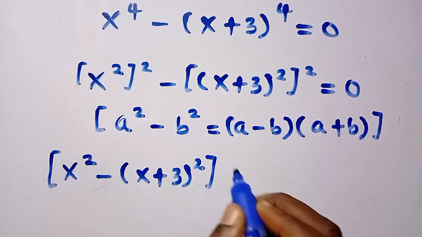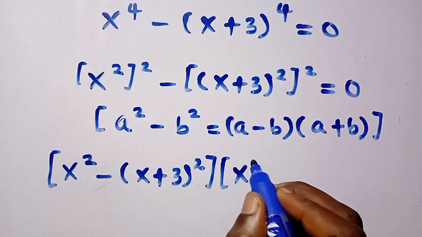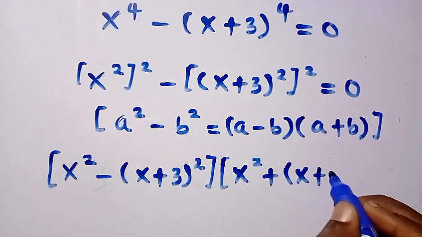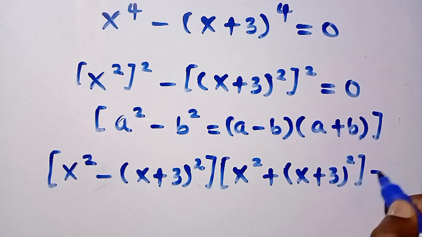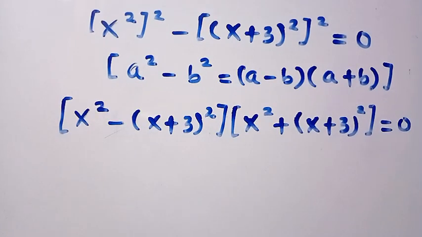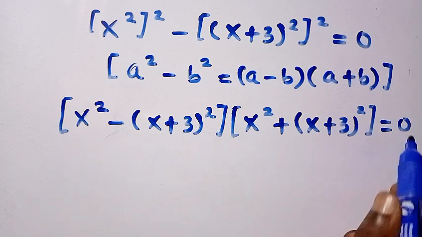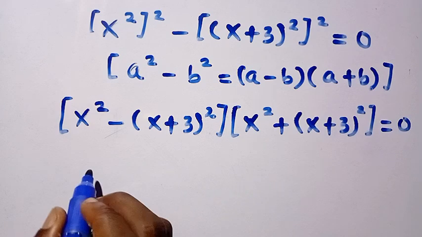We put this in brackets, and also we have (x^2 + (x + 3)^2), also in brackets, and everything equals 0. After having this, we are going to let the whole of this equal 0 and the whole of this equal 0. So there are two cases here.